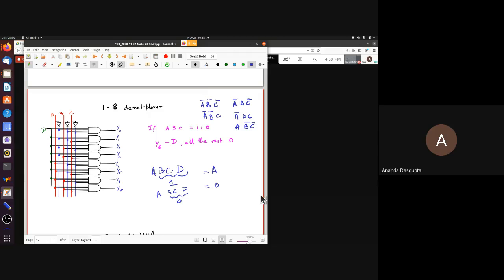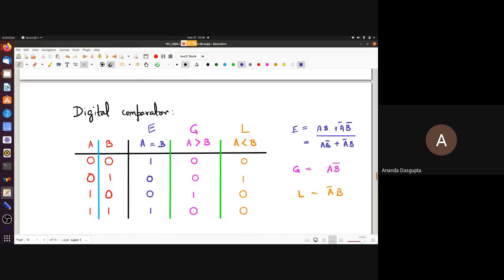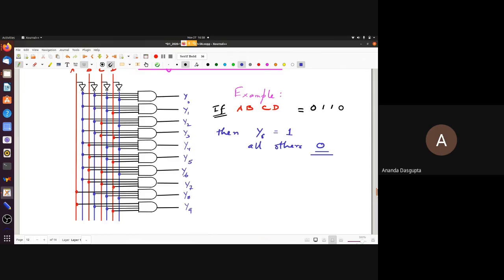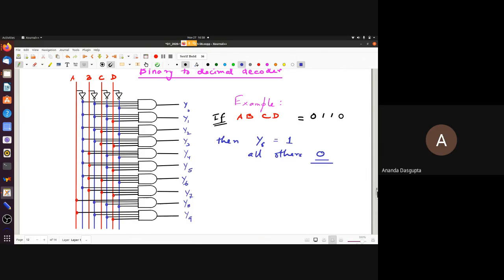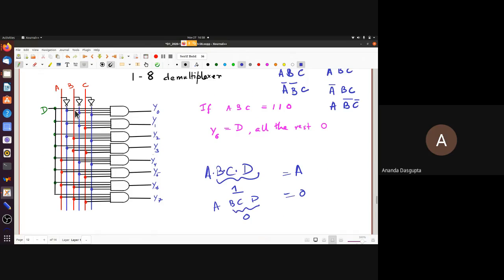So 0, 0, 0 will give you a high value for A bar, B bar, C bar. All 3 zeros give you 1. Yeah. All these 3 inputs will give you 1.